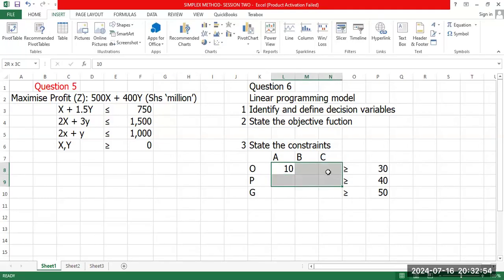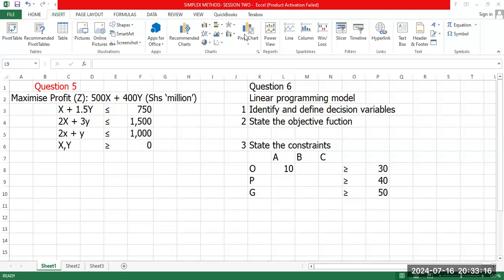Are you using this row or you are using column as you put those figures? We're using column. Then for this one, P is how many? 20.